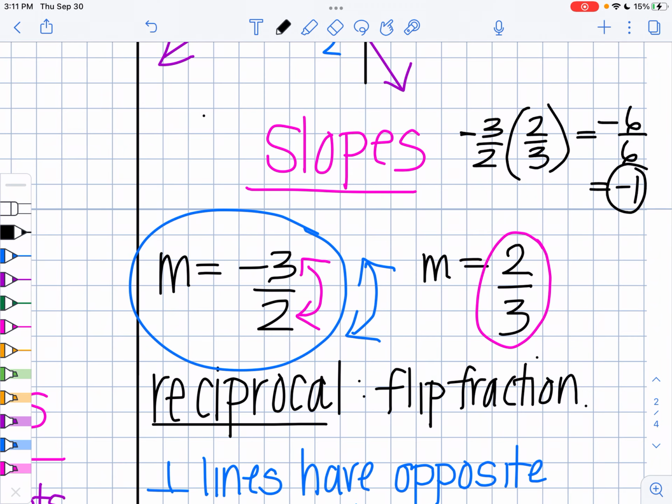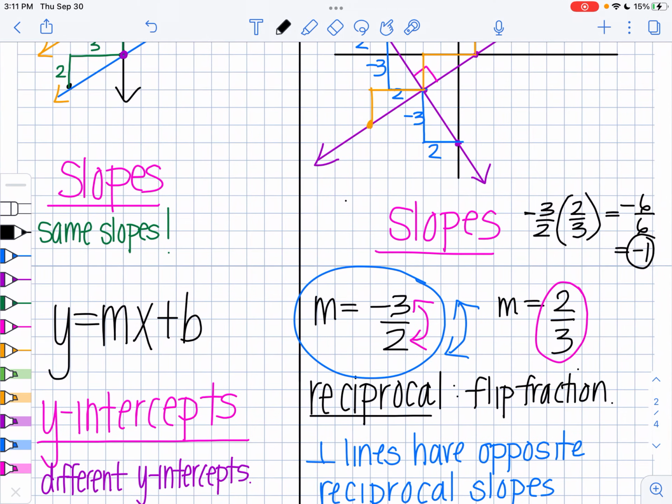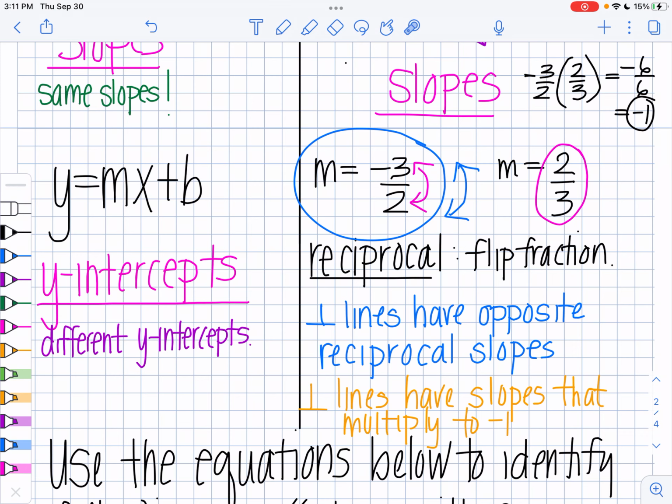You can remember it either way. I happen to prefer to remember it as opposite reciprocals, and I'm going to highlight this for you just because I think that's important. Opposite reciprocals.